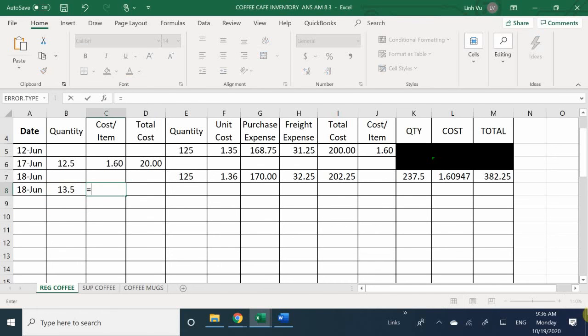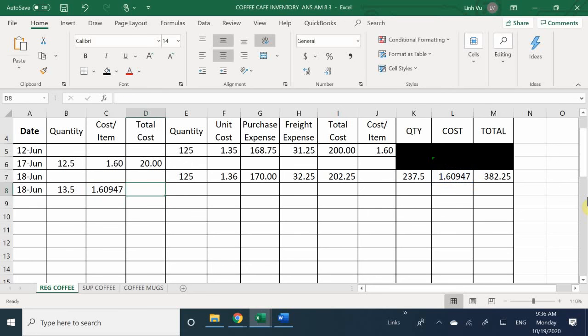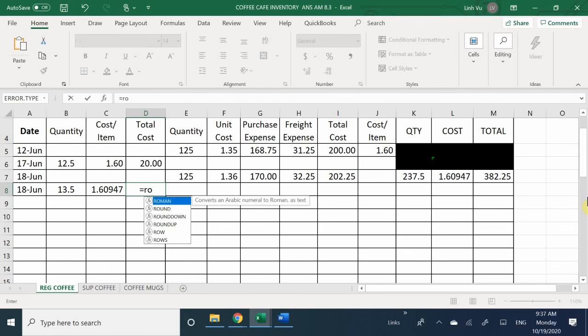How much is it going to cost me to sell 1 pound? Divided by 2.65. 1.60947. Good. All right, so this is where I'm going to go ahead and use my equal round formula because I already know by looking at that large number, that's where my rounding will come into play.